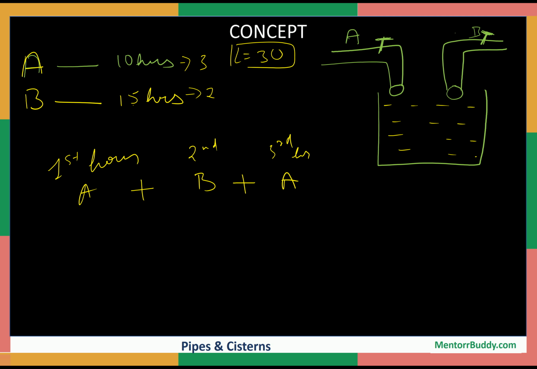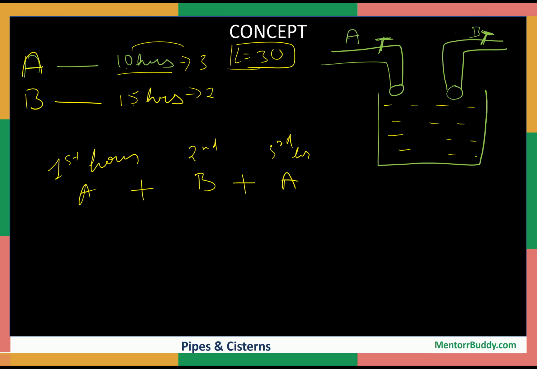Efficiency is the amount of work done by A in 1 hour, and efficiency of B means the amount of work done by B in 1 hour. If the work done by A in 1 hour is 3, then in 10 hours how much work will A do? 10 multiplied by 3, which is 30. That is the total capacity of the tank, which we have verified.